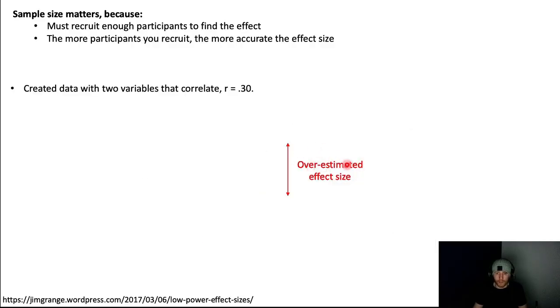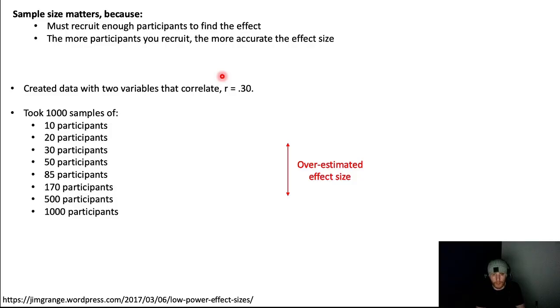The reason why, if you ignore this for a second, I can demonstrate with an example that I found in a really nice blog post by a researcher called Jim Grange. I highly recommend you read the blog post, but it nicely demonstrates just why recruiting small samples is a bad thing to do, and why it can lead to an overestimate of the average effect size.